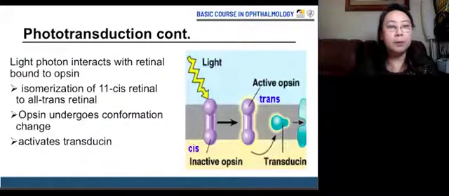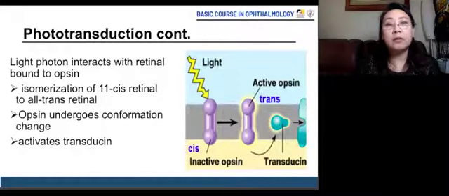So in the first part, when light hits a photoreceptor pigment, opsin, the retinal bound to it is converted from 11-cis-retinal to the all-trans form. Opsin undergoes conformational changes and activates a G protein, the transducin.